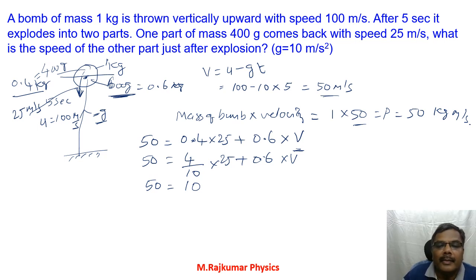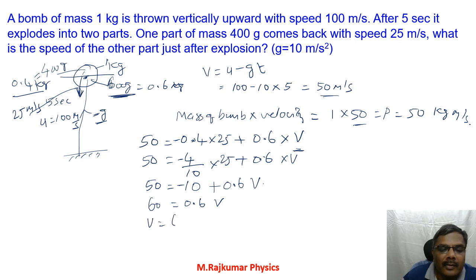Here one part is coming back, so its final momentum will be minus here. So 50 equals minus 10 plus 0.6 into v. This will become 60 equals 0.6 v.